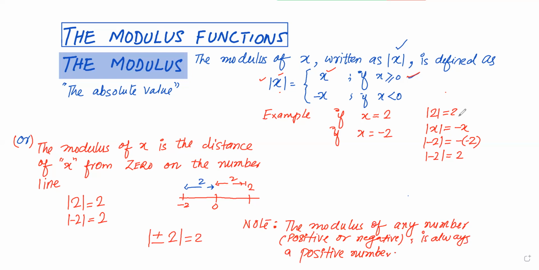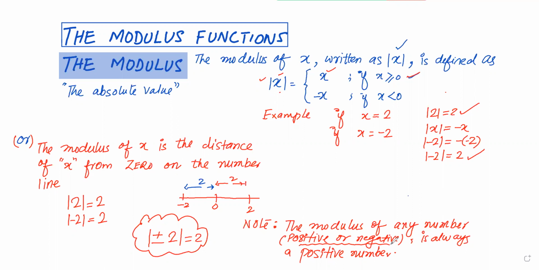So here the modulus of 2 is 2, the modulus of minus 2 is 2, and this is basically the distance of x from 0. If you have a number line, the distance of 2 from 0 is 2, and the distance of minus 2 from 0 is again 2. So plus minus 2 modulus is always equal to 2, and keep in mind this note that the modulus of a number, positive or negative, is always a positive number.